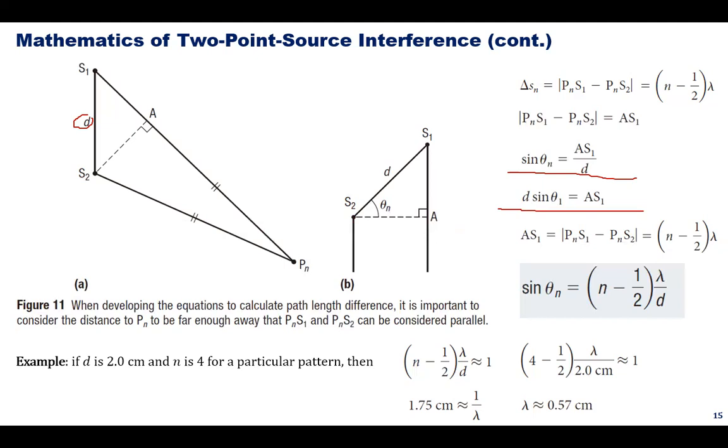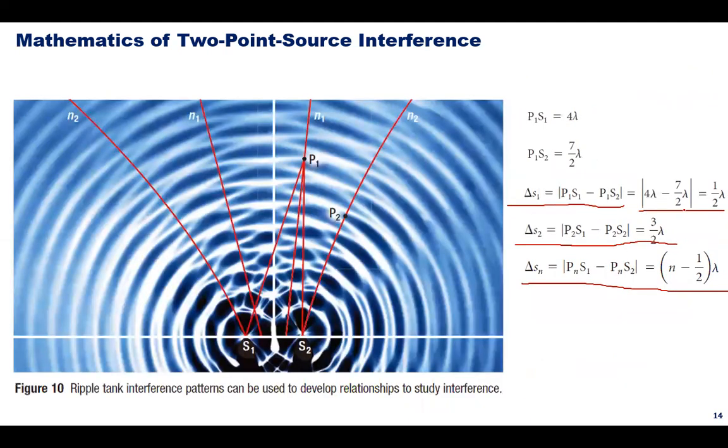However, in the previous discussion, we established that ΔS1 here is the absolute value of the difference between PnS1 and PnS2, right? So this is our ΔS1, which equals n minus 1/2 times lambda, which is here.